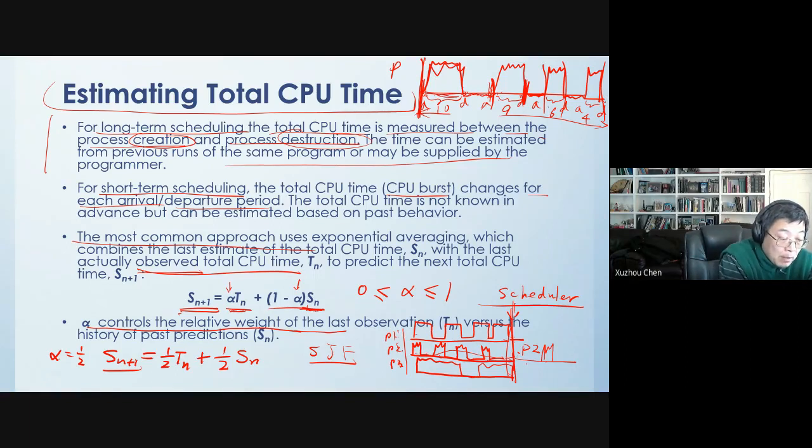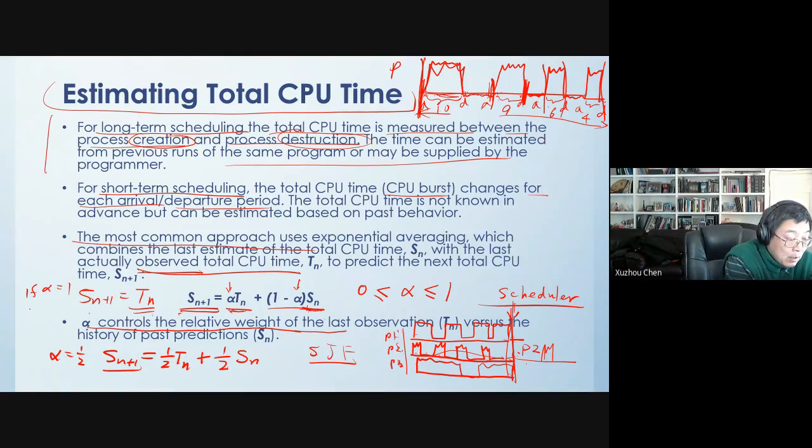But if you want to put more weight on the observed CPU burst, you choose an alpha that is close to 1. If alpha equals 1, then S(n+1) equals T(n), so the previous actual CPU burst is used to predict the next one.